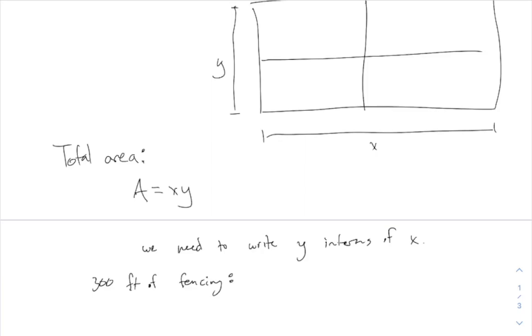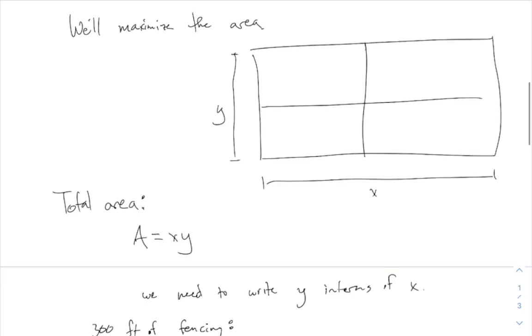Can't you make your formula 300 equals x times y, then solve for y? It's not x times y, because that would be the area. 300 is the distance of fencing that I have. So it's really the perimeter plus those 2 extra bits, right? That's what the 300 is. Any other idea?